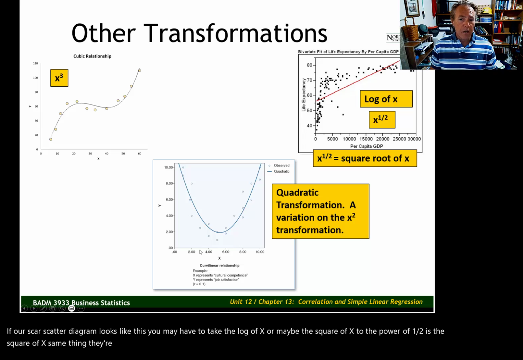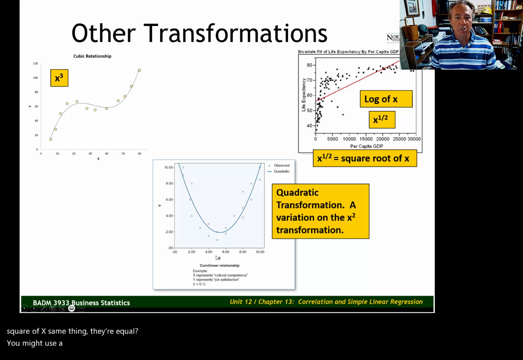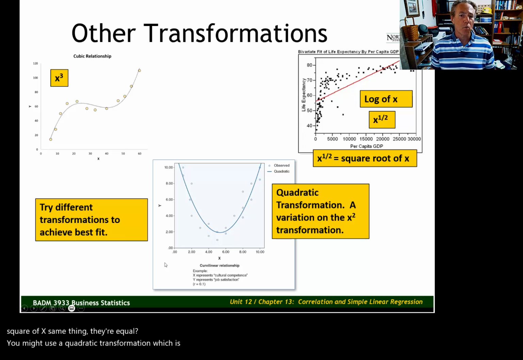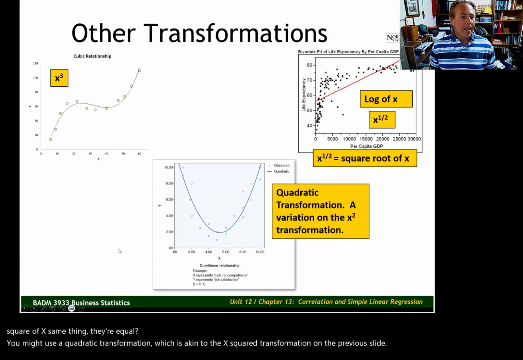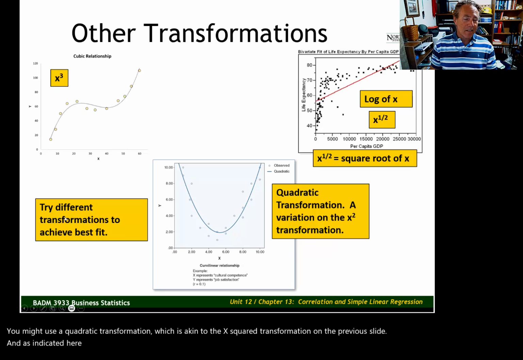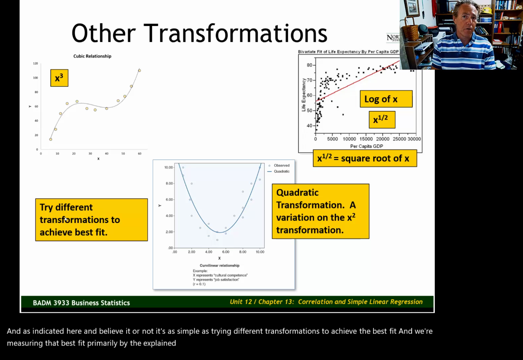You might use a quadratic transformation, which is akin to the X squared transformation on the previous slide. And as indicated here, believe it or not, it's as simple as trying different transformations to achieve the best fit. And we're measuring that best fit primarily by the explained variation, by our R squared value.